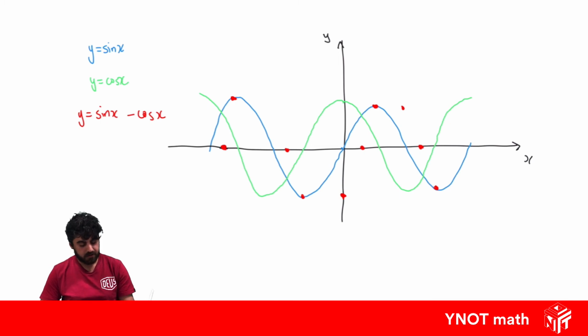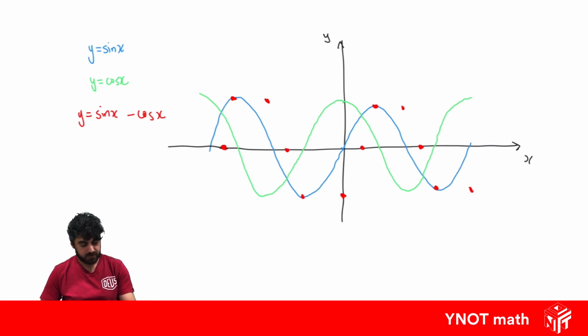And over here, where sine x equals 0, we're going to have 0 minus 1. So we're going to be going through -1 there. Also over here, that'll go up to 1. And we should have enough to draw out our pattern for the difference of these functions.